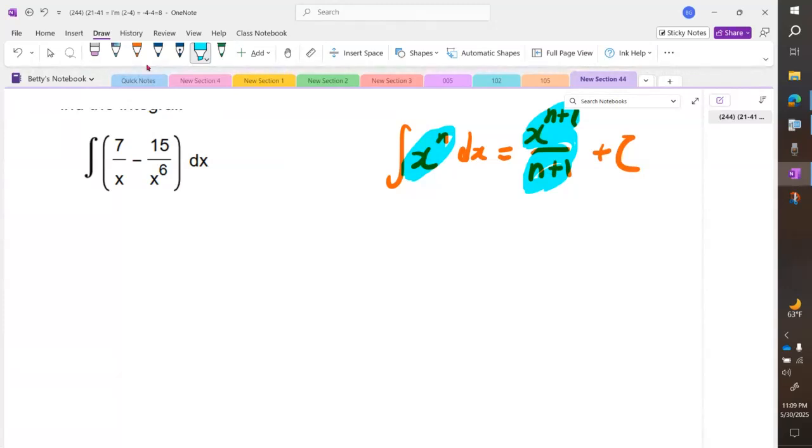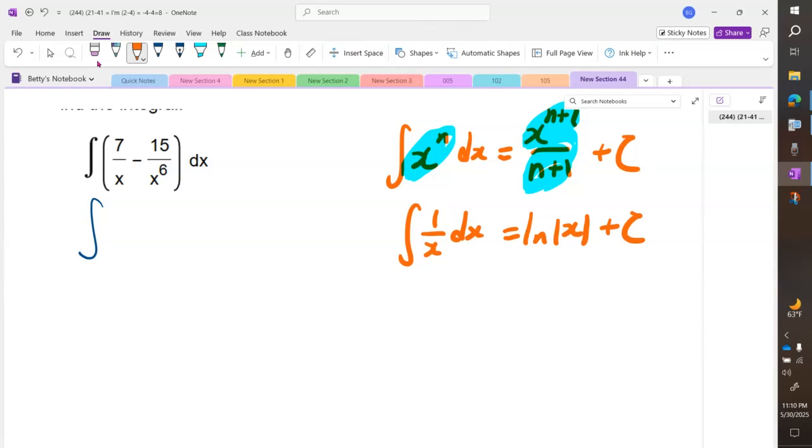So with that said, firstly, for convenience, we want to write both of the two functions in the integral as power functions. So we're going to write 7 over x, okay. 1 over x, you know this function, right? The integral of 1 over x dx. The antiderivative is ln of the absolute value of x.